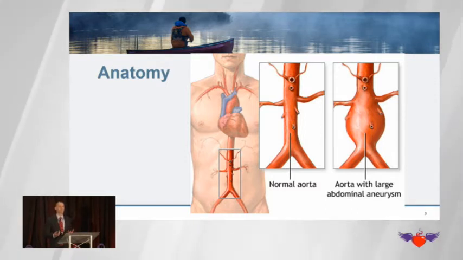The biggest artery we have in the body is the aorta. It comes straight off the heart, going right down the middle, down the chest, and then into the abdomen. The top part is the thoracic aorta, and as it goes below the rib cage into the abdomen, that's the abdominal aorta, and that's what we're focusing on today. And as that diagram shows, it can be too big, or what we call aneurysmal.